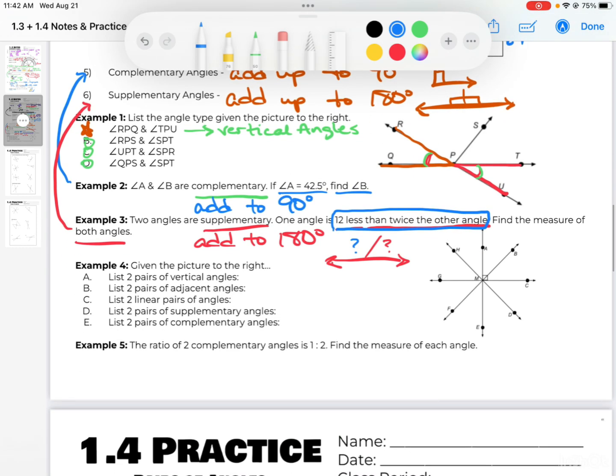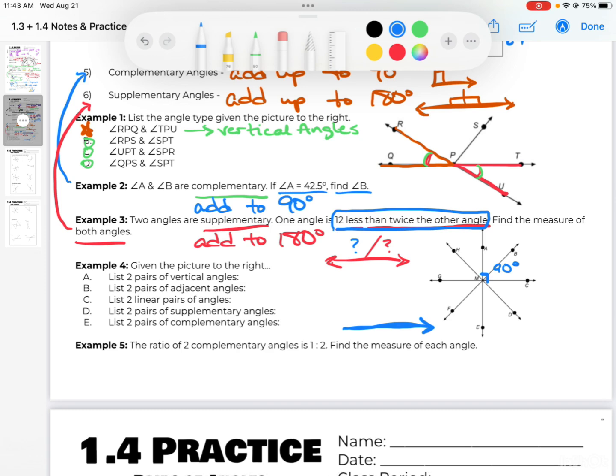And then lastly, in examples 4 and 5, for 4, you're using this image, and it's just a variety of angles formed by all these intersections. And there's a lot of helpful information in here, like just this little symbol right here lets you know that's 90 degrees.